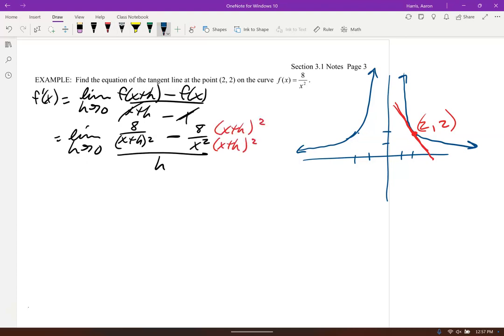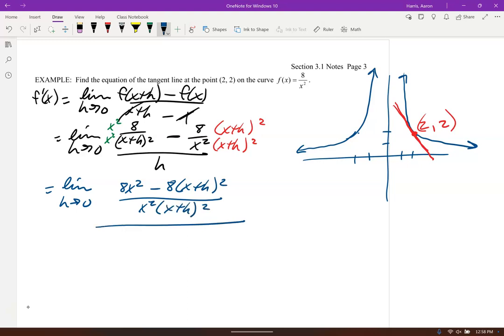I've got to give this one over here on the left an x squared. Okay, and so we've got limit as h goes to 0 of 8x squared minus 8 times x plus h squared. This is all over this common denominator. And then this is all over h. Well, if it's over h over 1, I'm just going to multiply by 1 over h.